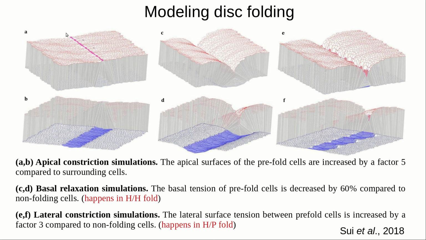Okay, and in the first column, you have a mechanism that had been postulated before, but in this case, it is not happening in the wing disc, and also in silico it is not enough to produce folding. This mechanism is just the increase of apical constriction. Okay, so this cannot form a fold in silico, and it does not happen in Drosophila.